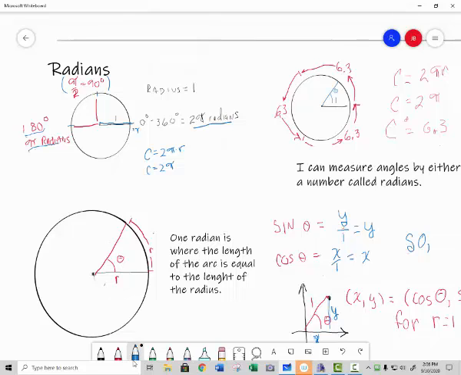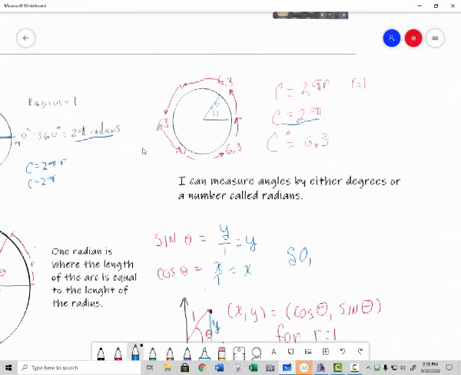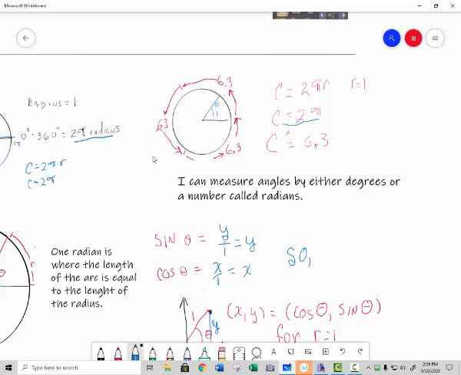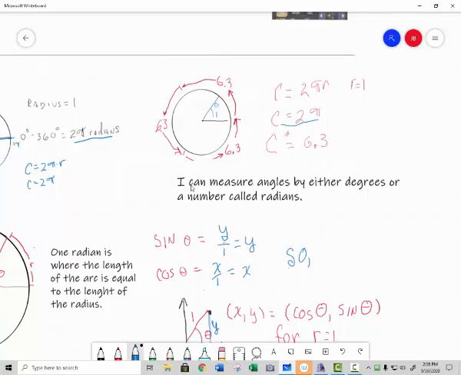Let's look at this one. If I know that the circumference is 2 pi, and pi is about 3.14, if I take 3.14 and I multiply it times 2, I should get 6.3. So that means that the distance all the way around here is 6.3. Now I've drawn this incorrectly.